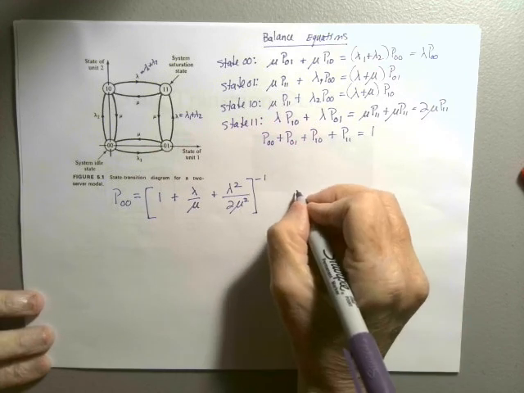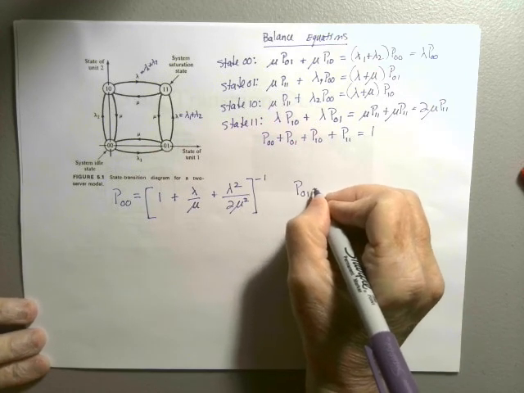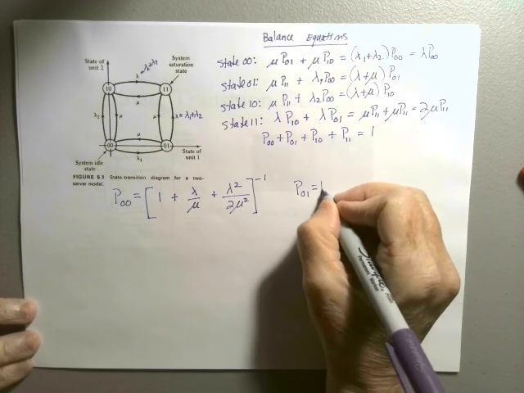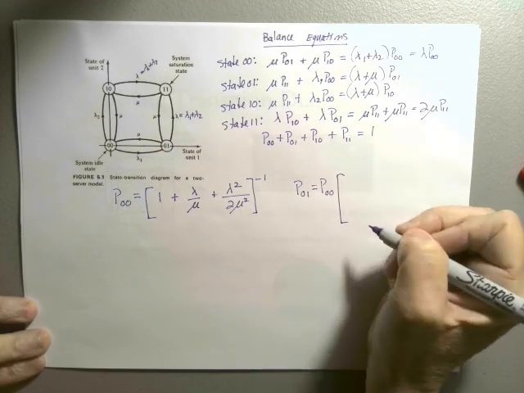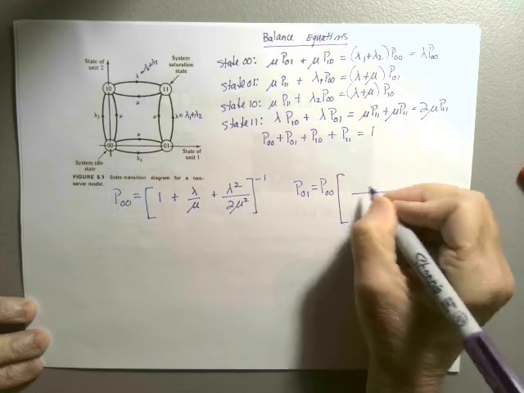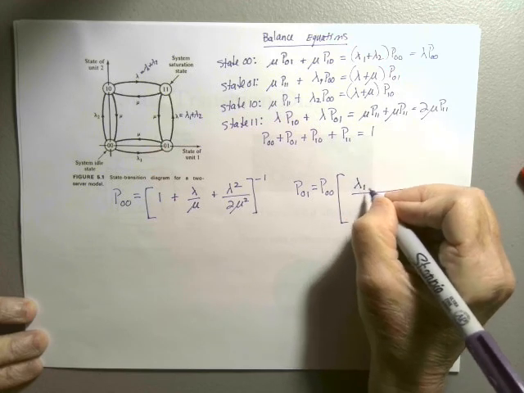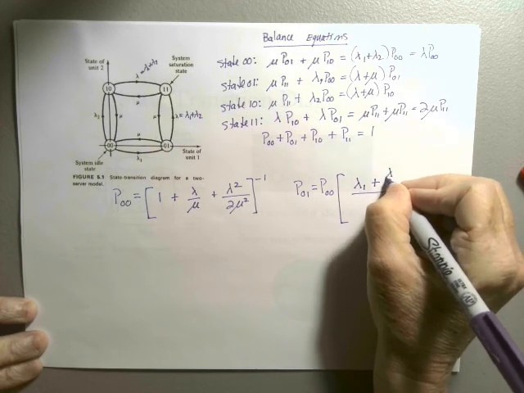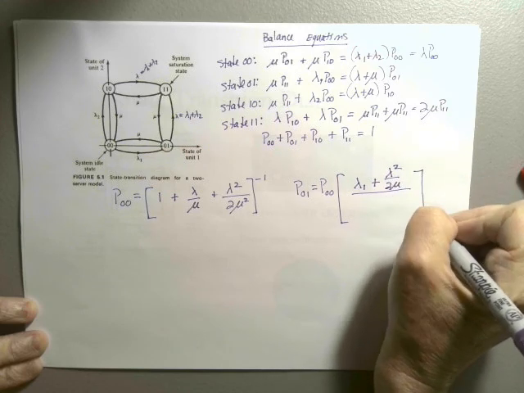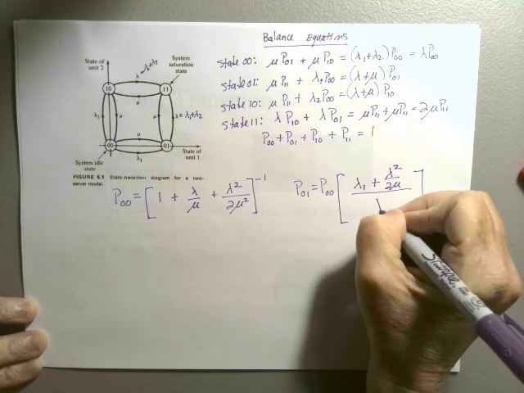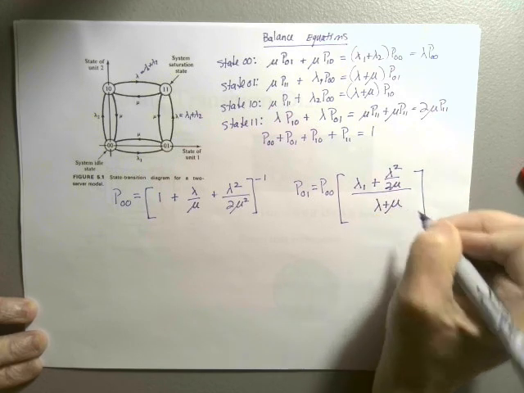And then we can have p 0, 1, and the formula for that will be, well, you take p 0, 0, and then you're going to multiply it by this term, which is a fraction, and in the numerator it will be lambda 1 plus lambda squared over 2 mu, and the denominator will be lambda plus mu.